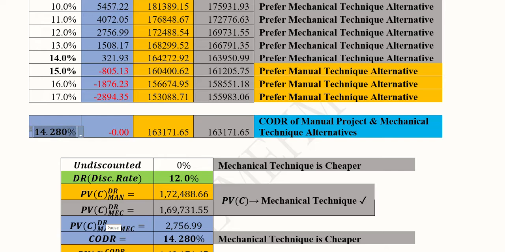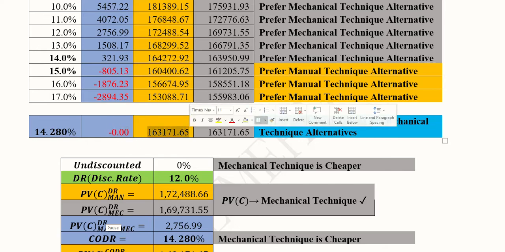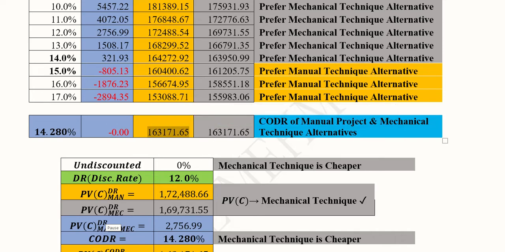That interpolation will give us this value of the discount rate, and at that the present value of the cost will turn to 0 approximately, which is showing the intersection of these two streams, that is the present value of the manual technique and the present value of the mechanical technique. They will intersect at this point because both of them have the same value at this point, that is 14.28%, and this is the remarks on it.